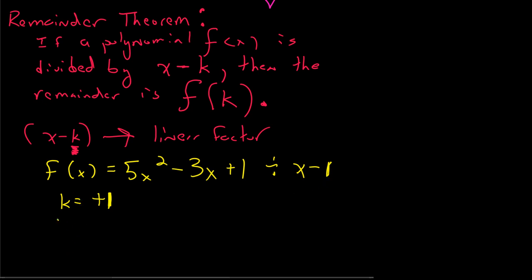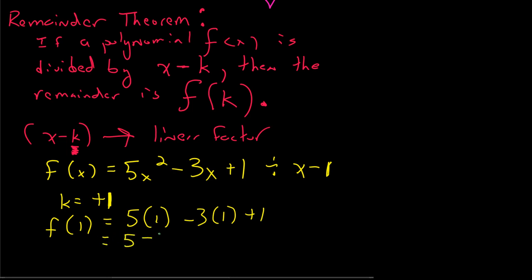So I want to find out what f of 1 is. So I'll put 1 in for wherever I see x. And so 5 minus 3 plus 1, or 3. And so my remainder would be 3.